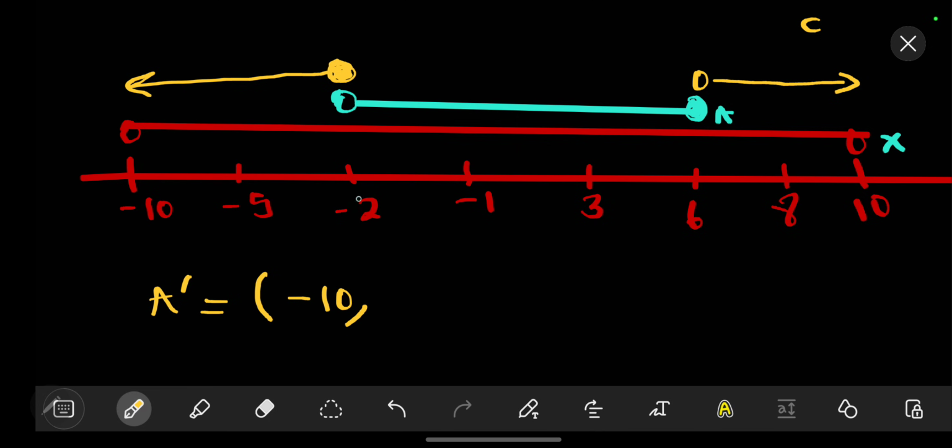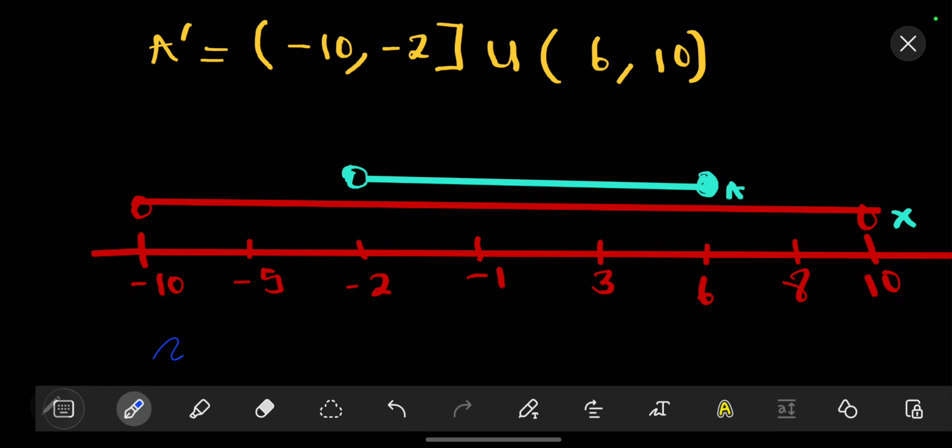Then comma, we have a negative 2 like that with negative 2 included. Then we say union of, then at our A we have a 6, which is not included since we have an open circle. Then we have our comma of positive 10 as the highest, which is also not included.